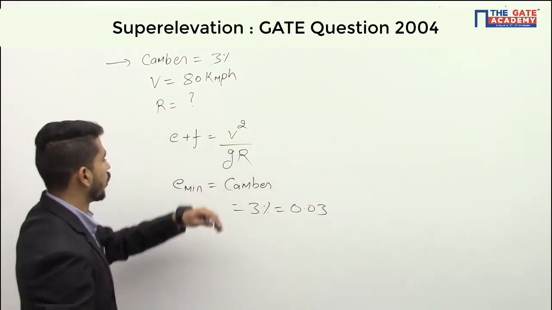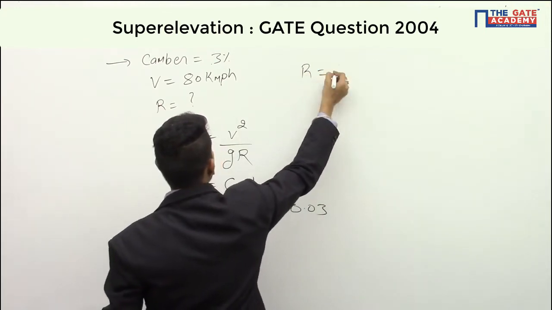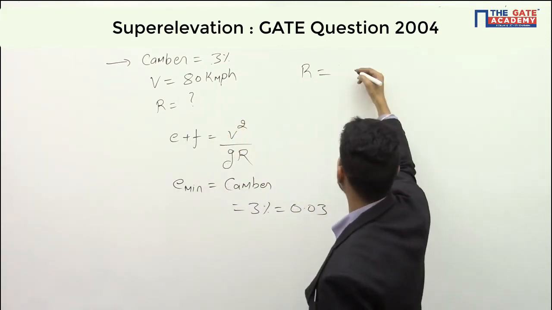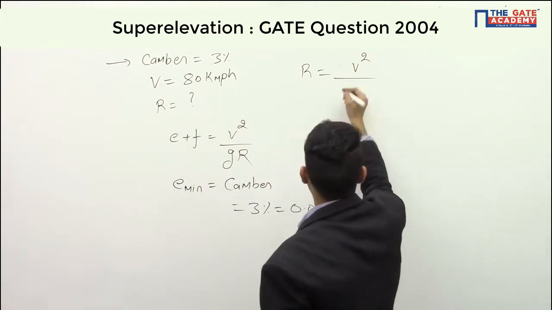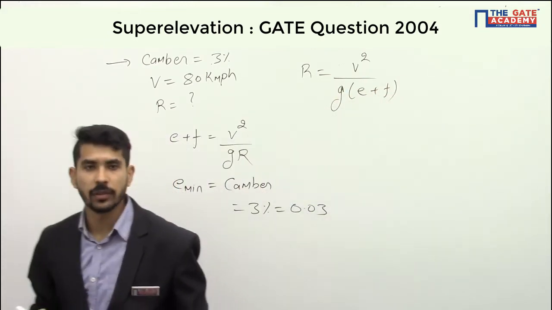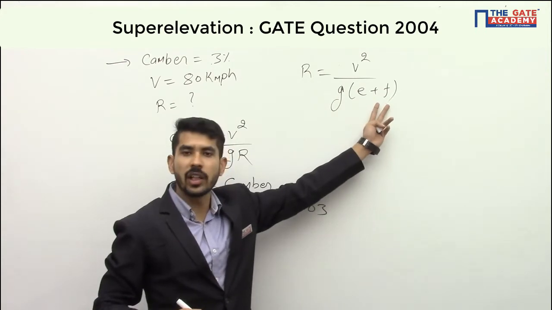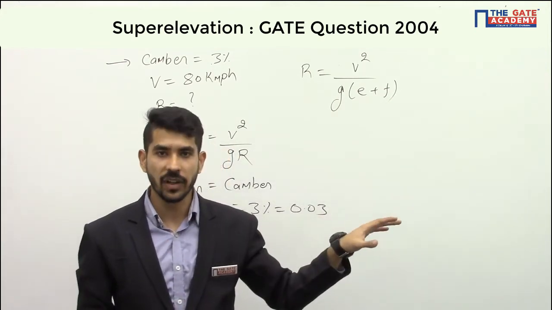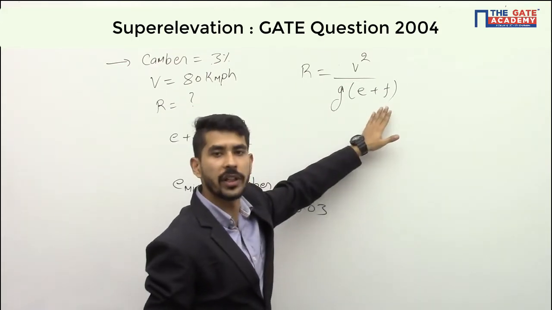So to calculate, radius will be equal to V square by GR. Radius will be equal to V square divided by G into E plus F. Since the F value is not given, we know that the coefficient of lateral friction is equal to 0.15.